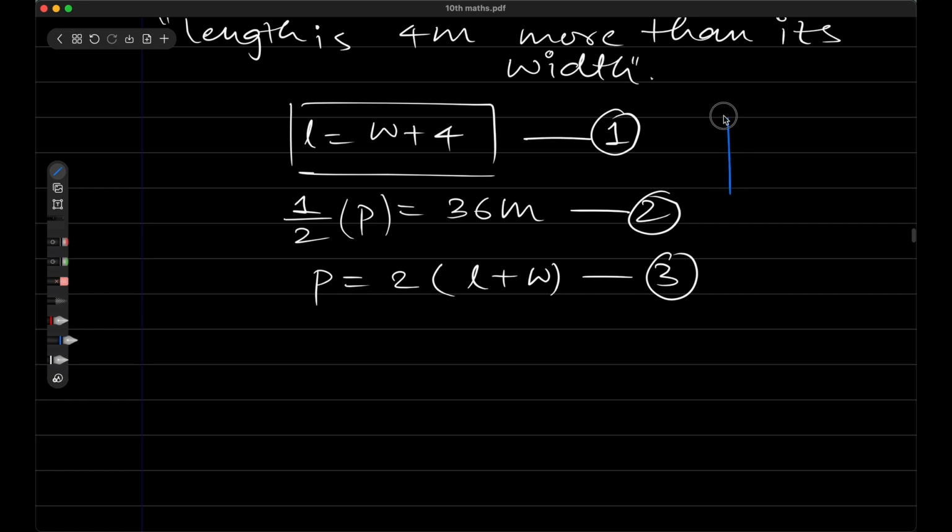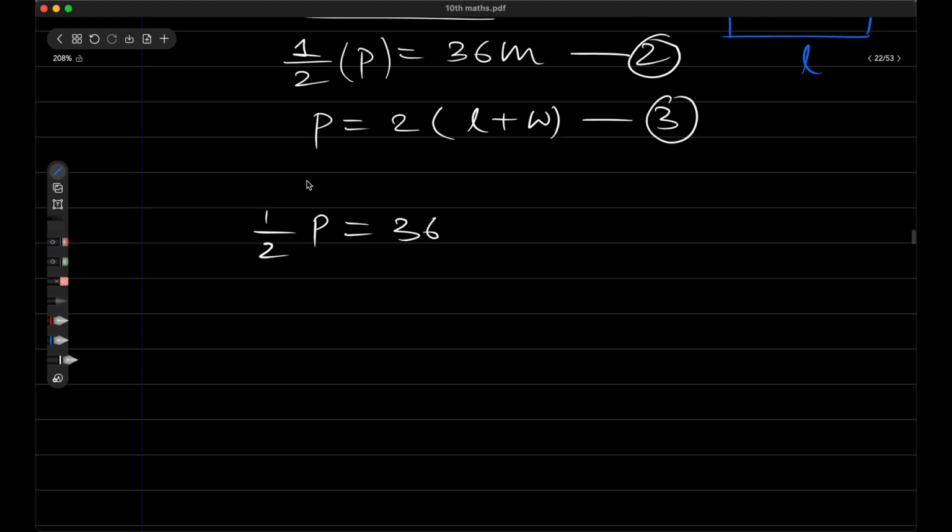The rectangular garden has length L and width W. Let us start from equation number 2, that is 1 by 2 P equals to 36. Put equation 3, that is P equals to 2 into L plus W, half as it is.